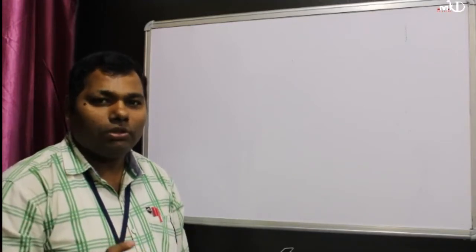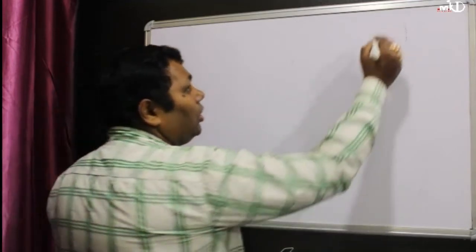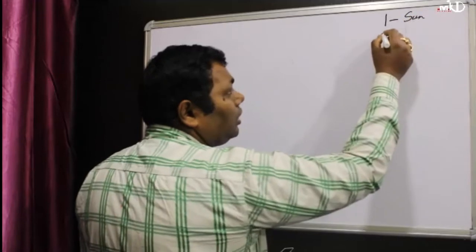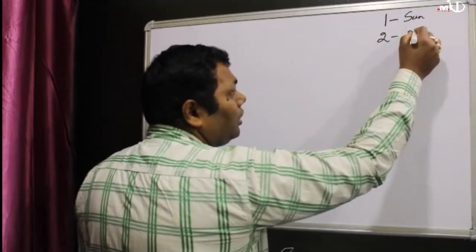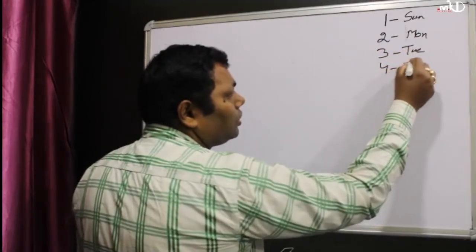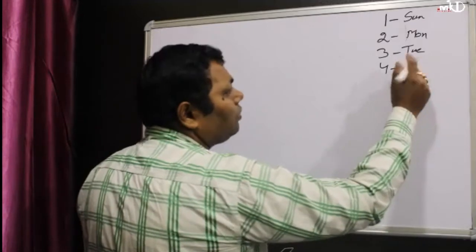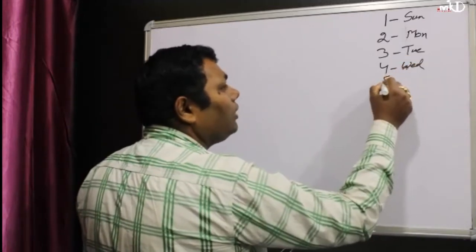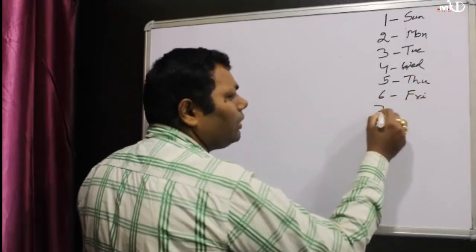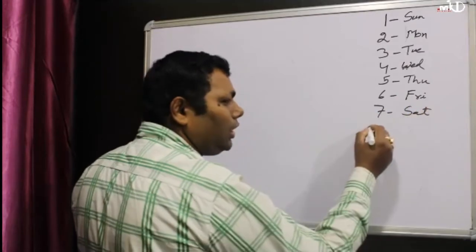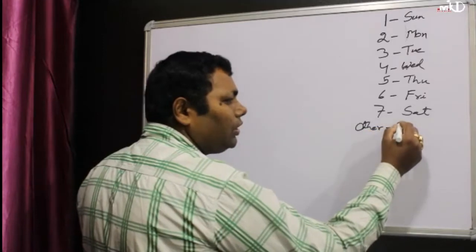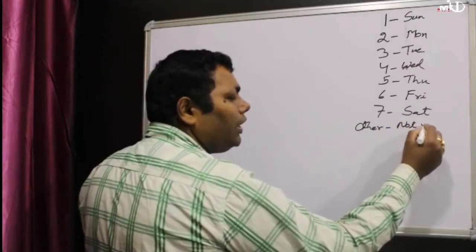For example, if the user enters 1, then it will display Sunday. If 2, then Monday. 3 for Tuesday. 4 for Wednesday. 5 for Thursday. 6 Friday. 7 Saturday. And if the user enters any other value, then it will display not valid number.